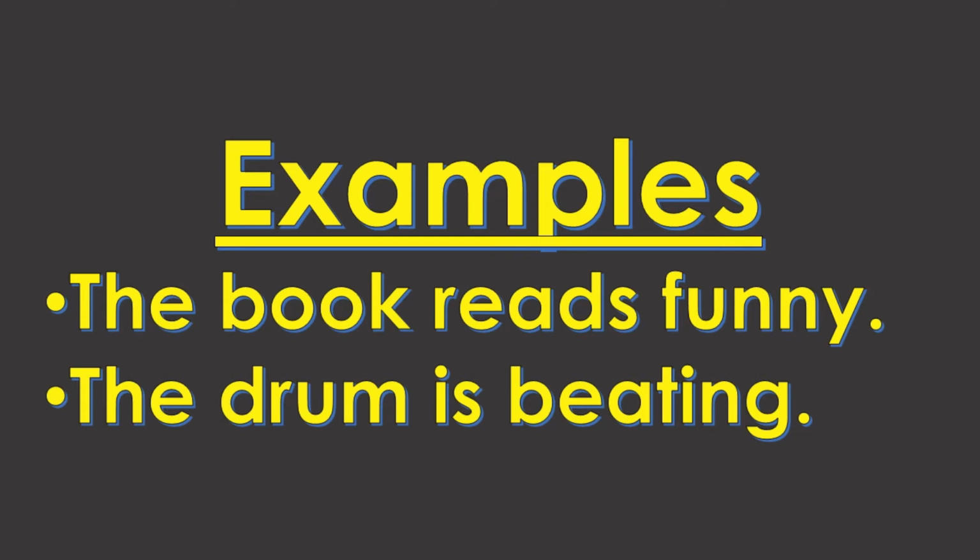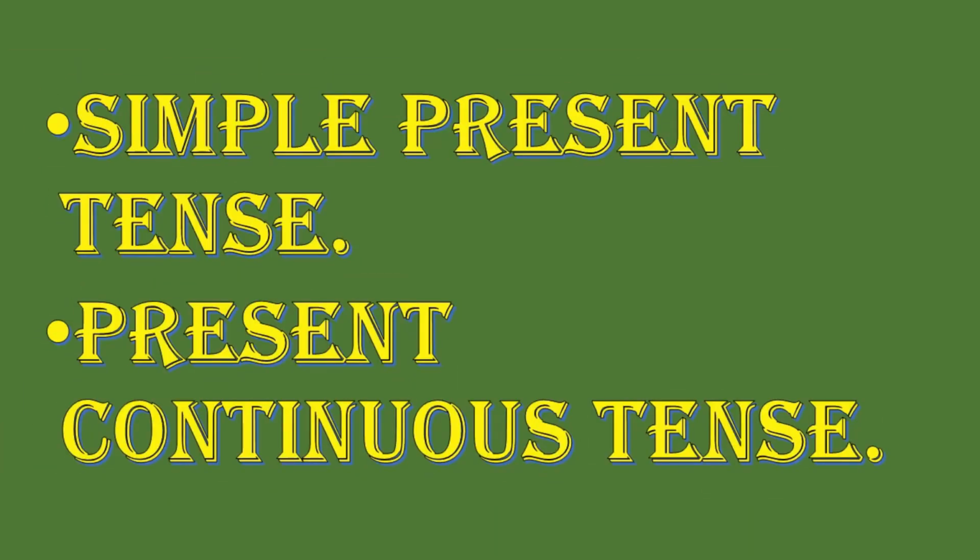Now students, here we need to remember that questions in quasi-passive form are asked only in two tenses. One is simple present tense and the second one is present continuous tense. So questions or sentences in quasi-passive form will not be found in any other tense than simple present tense and present continuous tense.